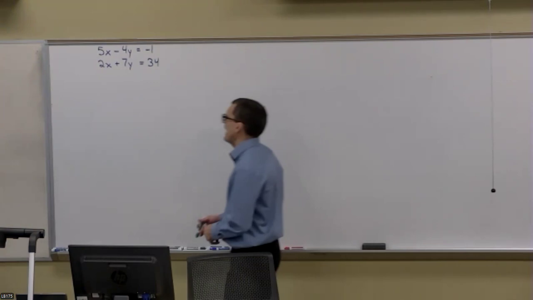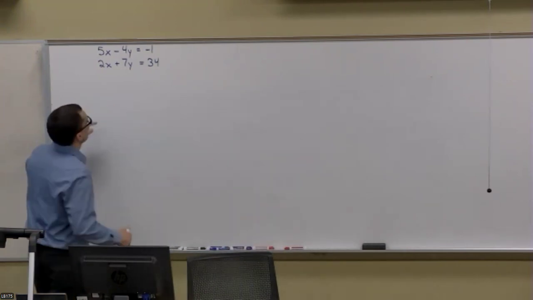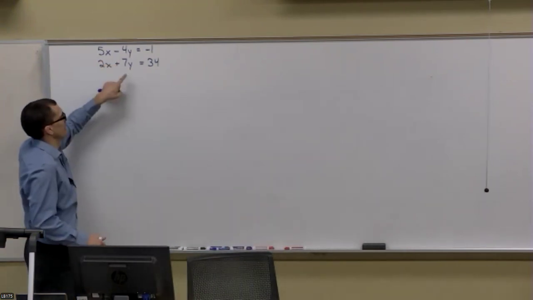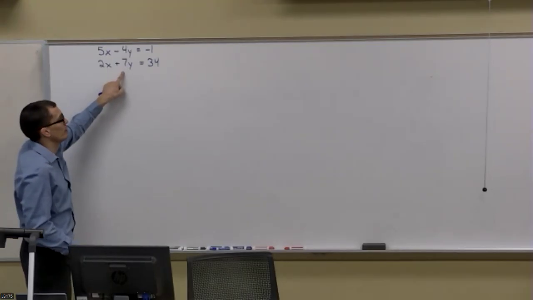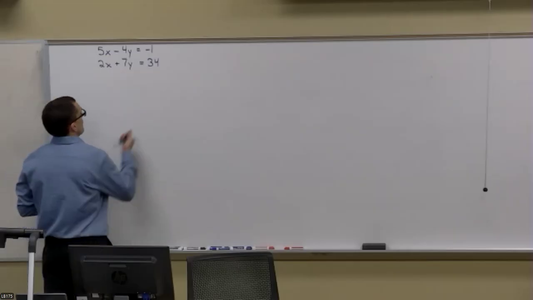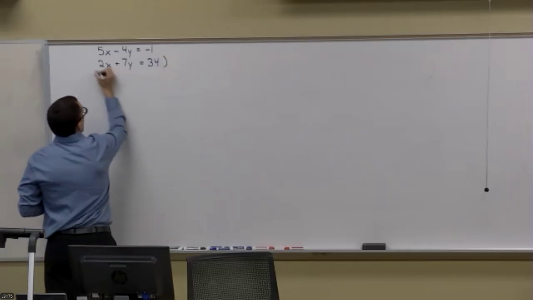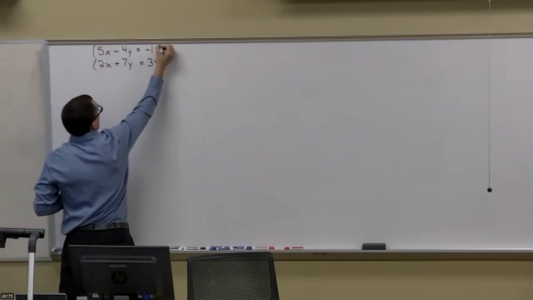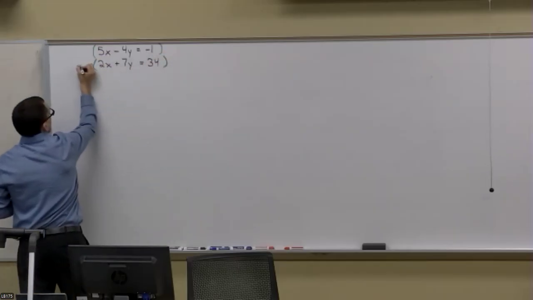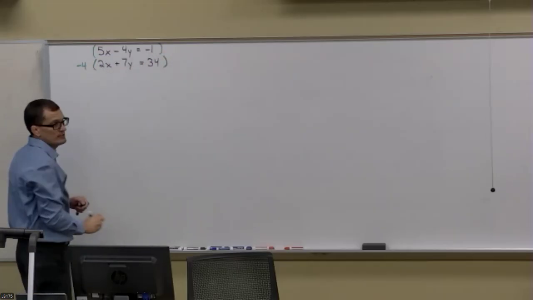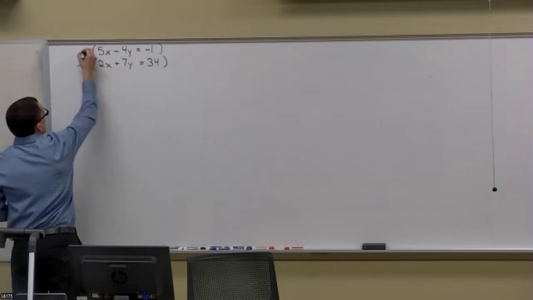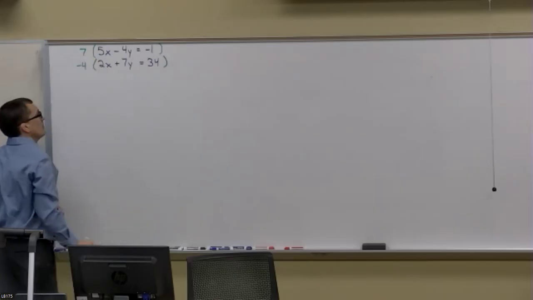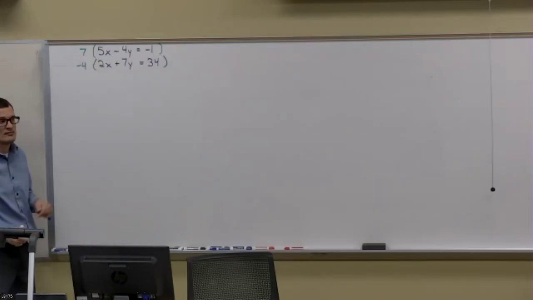That means I need to get opposite coefficients. One of the coefficients right now is the -4. The other coefficient is a 7. In order to get opposite coefficients, what I'm going to do is take that -4, write it in front of the other equation. Then take the 7 and write it in front of the equation it's not in.